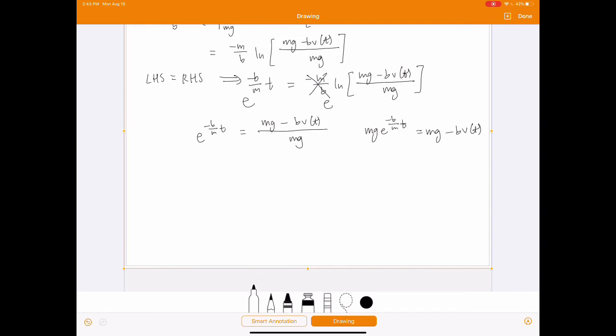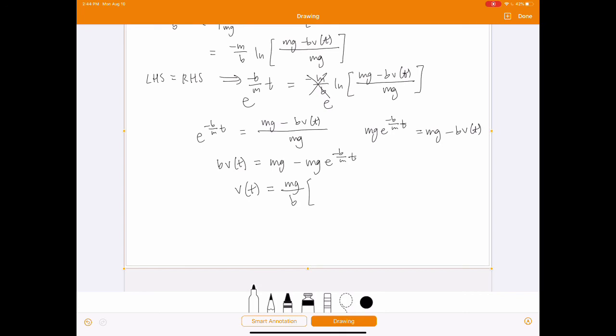Then I'm going to add b times v to both sides. So on the left, we'll have b times v. On the right, we'll have mg minus mg times e to the minus b over m times t. We're almost there, guys. Divide out the b term. And notice how we'll have mg divided by b all on the right side.